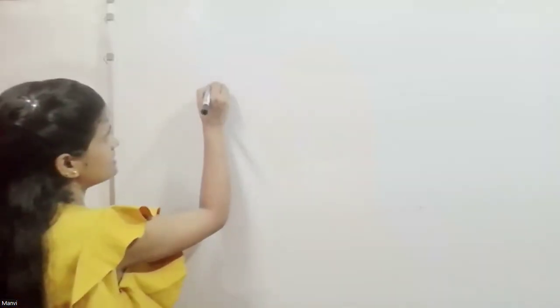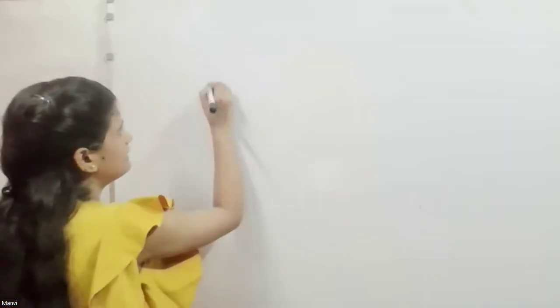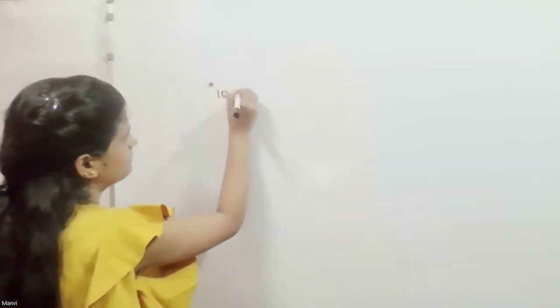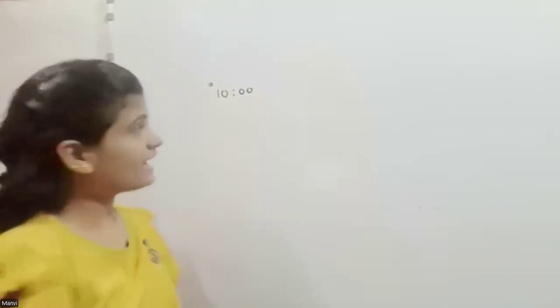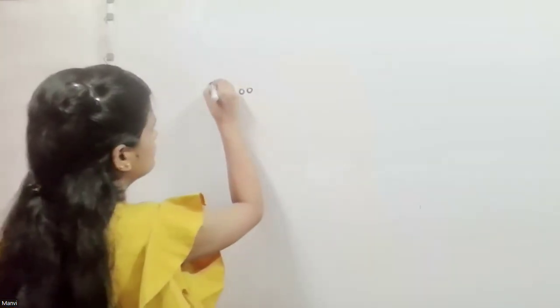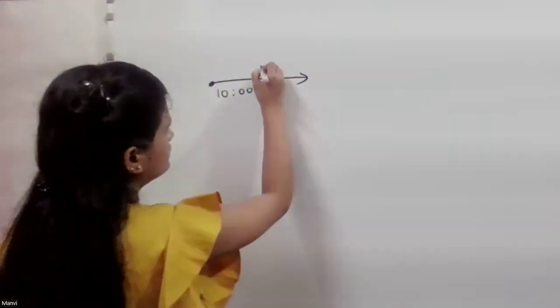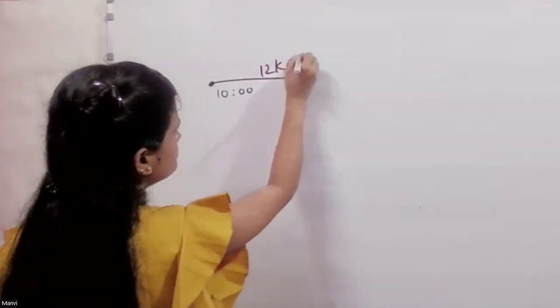So what does it say? It says that car A leaves at 10 from the starting point. So let's understand, this is the starting point, and car A leaves at 10. This car A travels at 12 kilometers per hour.